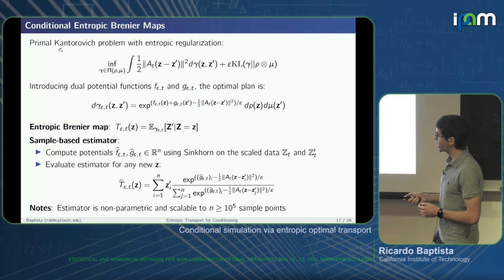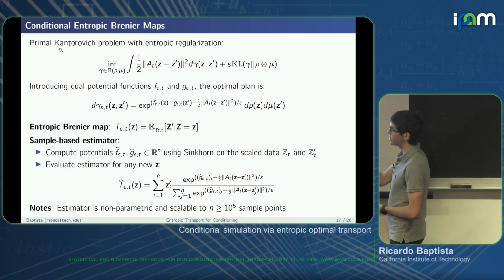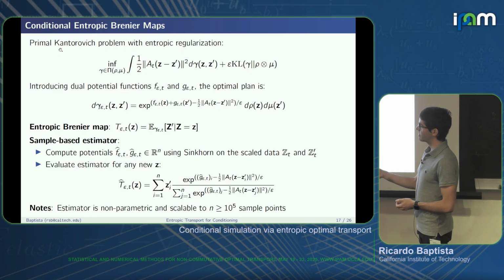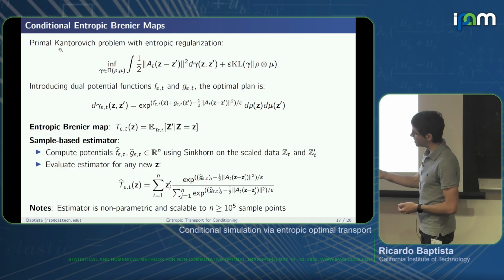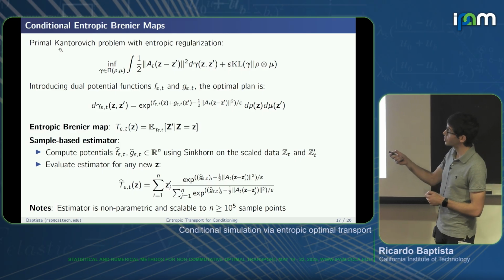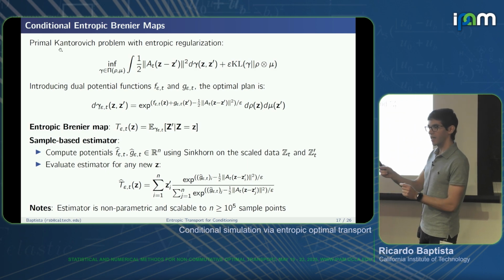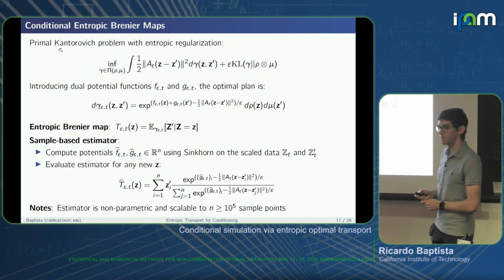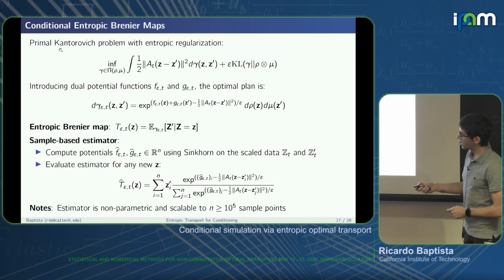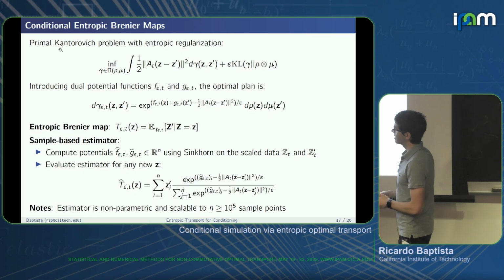And what we can then do is construct a sample-based estimator for this entropic plan. Here we denote it as T hat that depends on two parameters, the entropic regularization parameter epsilon, as well as this parameter t that defines the scaling of the cost. This estimator, I want to highlight two aspects about it.